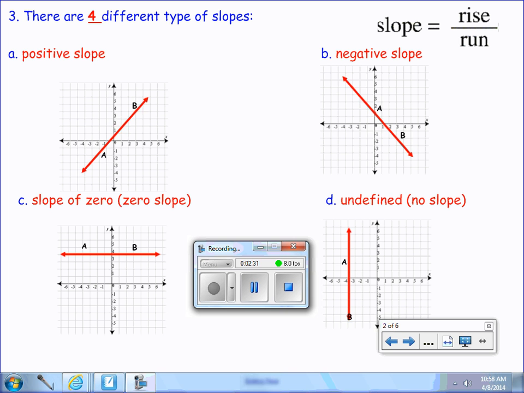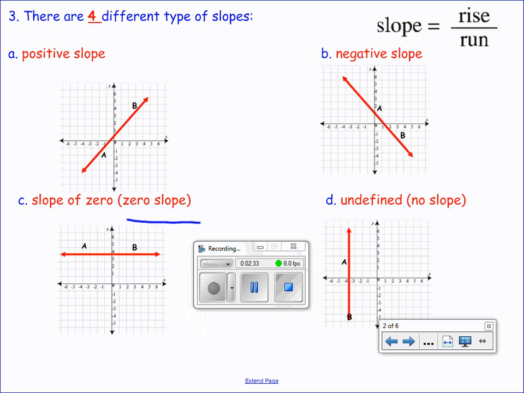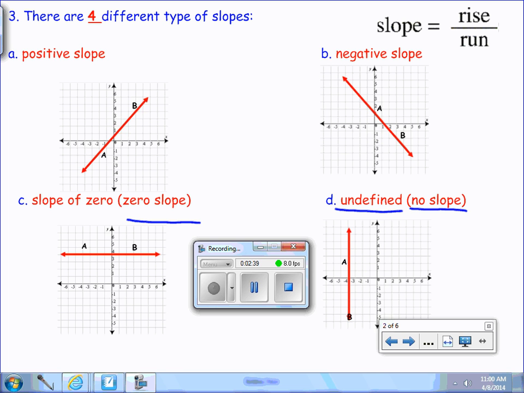This would be your answer when asked. And then D is an undefined slope or no slope. You will be asked to label these types of slopes. So you need to be able to determine if it's a positive, negative, 0 slope, or undefined.